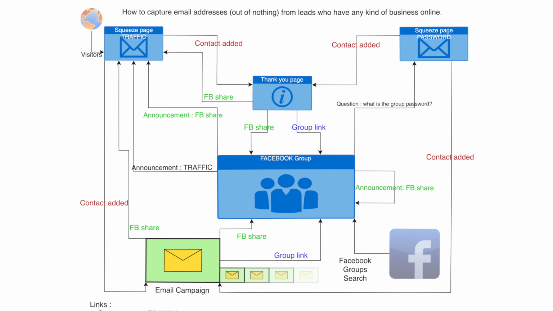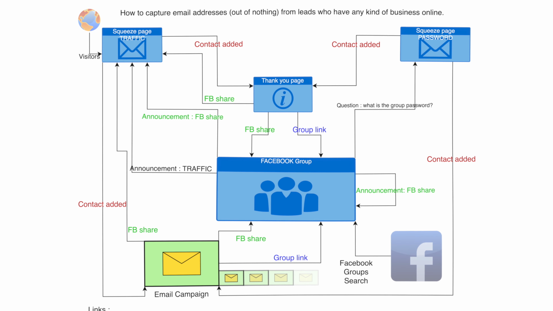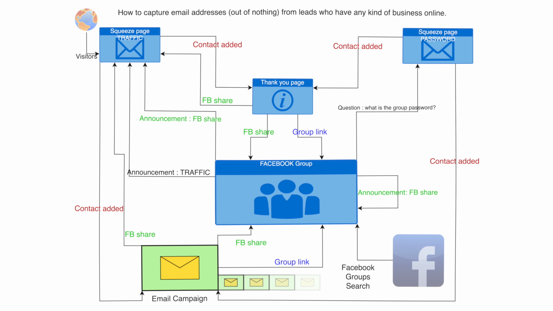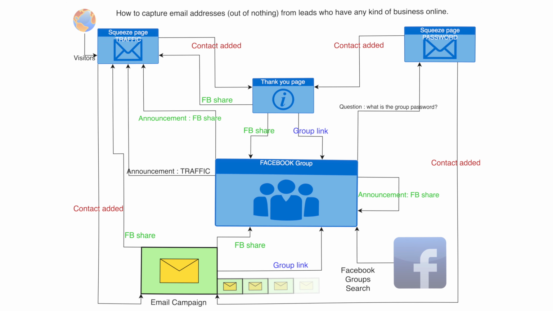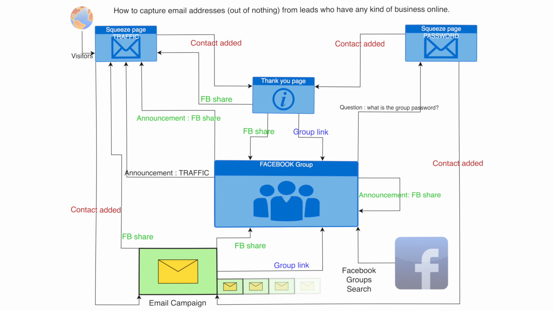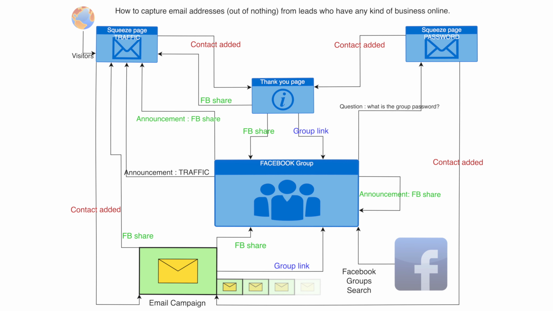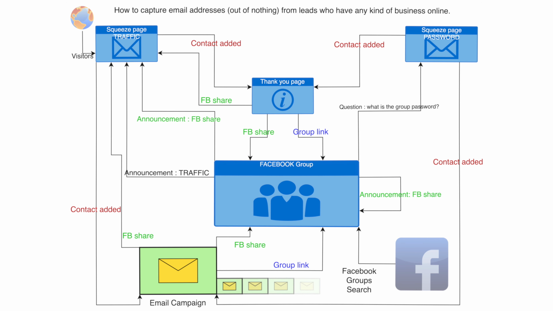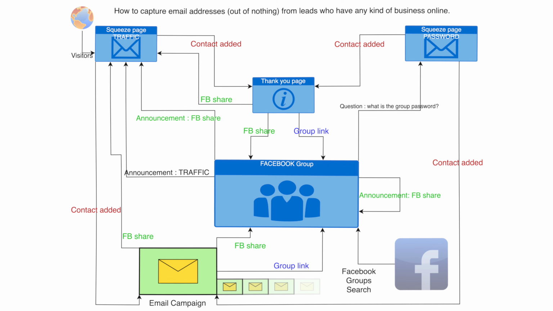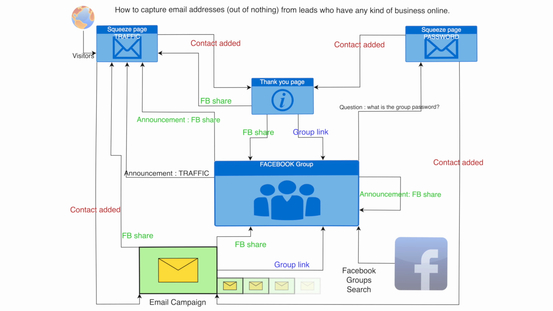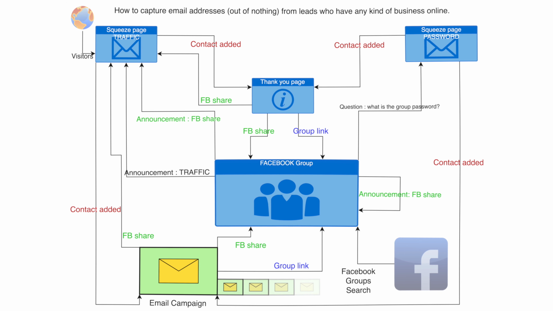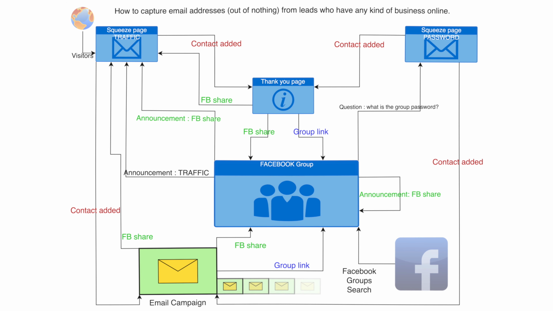So of course, at first you start at zero email subscribers and zero group members. Then you can maybe send a few messages to say, please join my group, and please go to this squeeze page to get free quality traffic. But then, even at start, because of the way it is set up, like the special link for the group, people will join the group very quickly, more quickly than if you don't use a special link.